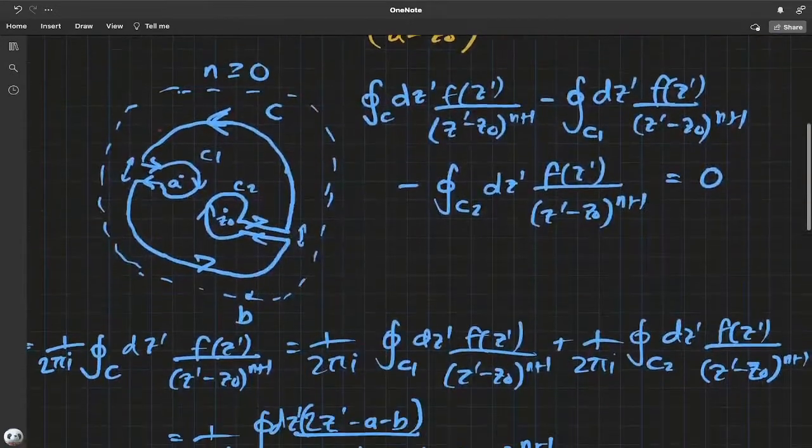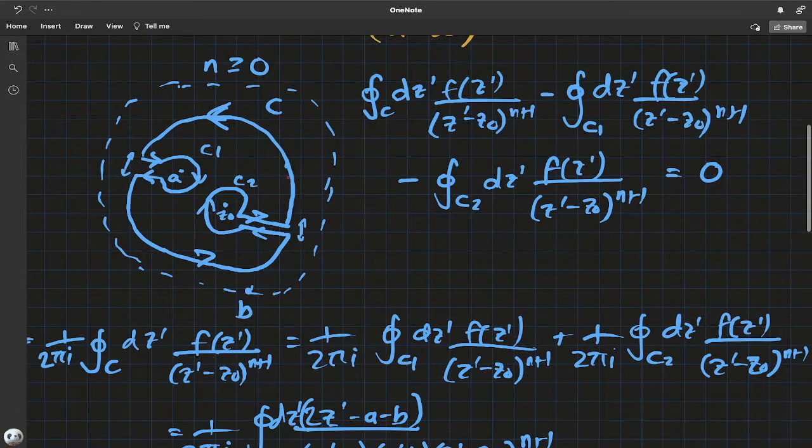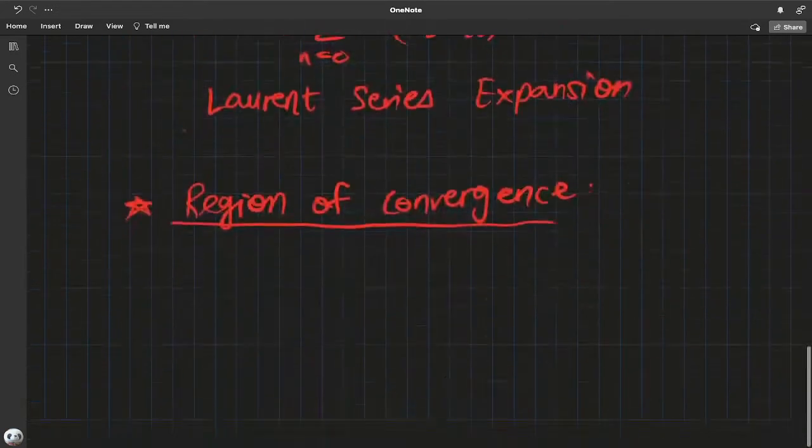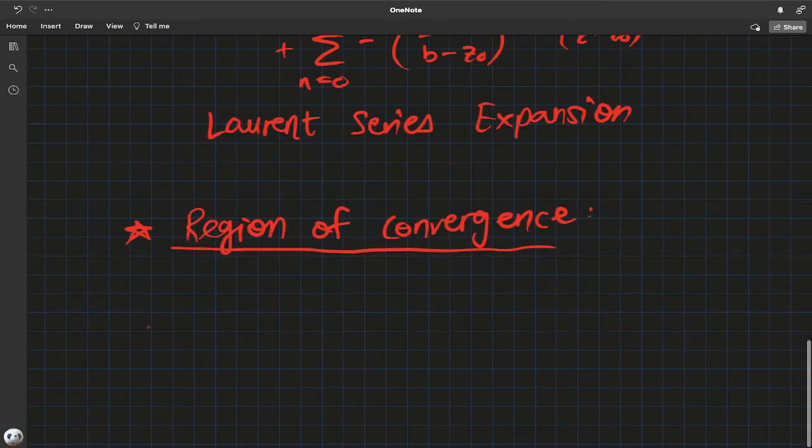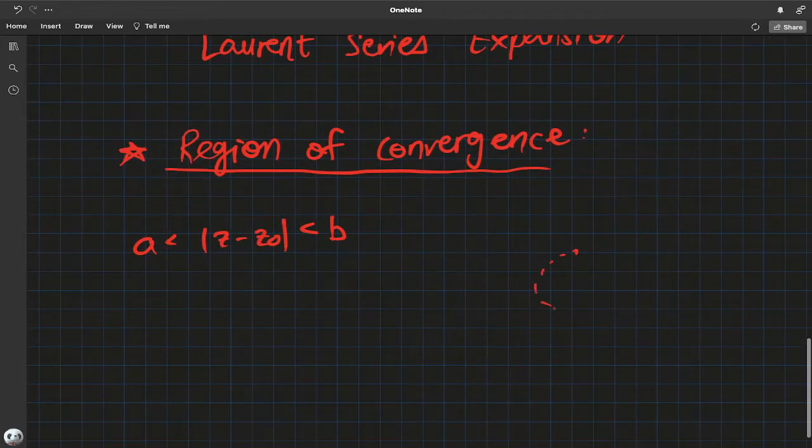It's probably hard to sketch here. Let's see if I can do a good job. Let it be, I won't draw it. I hope you see the idea. I'll write the inequality: the magnitude of z minus z naught is trapped between a and b. That's an annulus, a ring. Assume this is a, assume this is b, z naught's at the center.